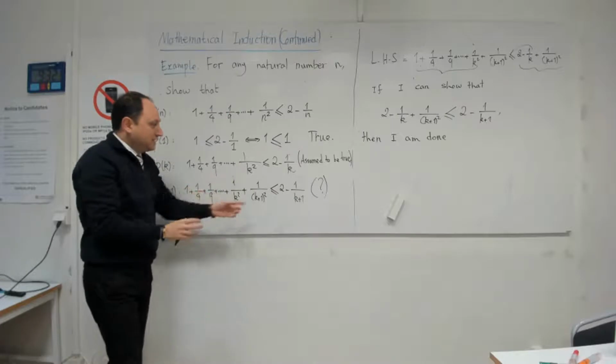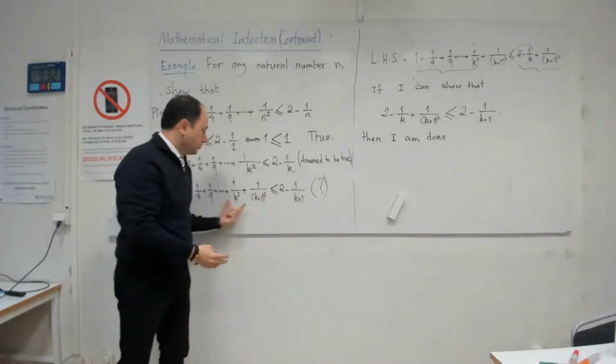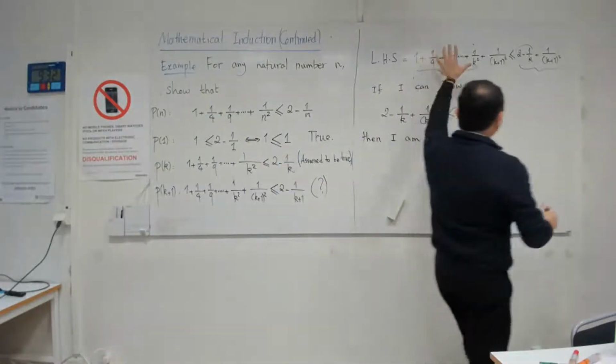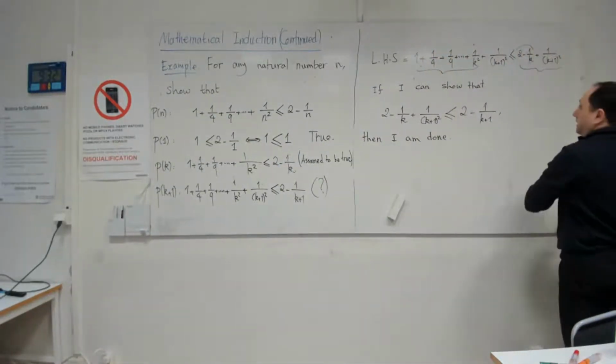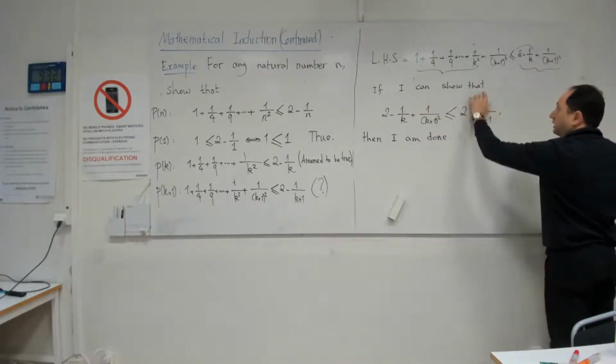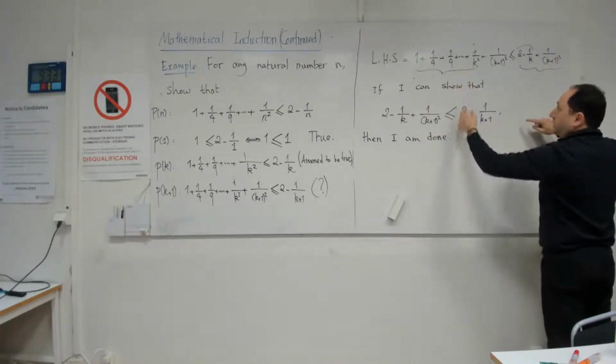But unfortunately, this is not what I want to show. I want to show this one is smaller than this one. What I am saying is that I know that this one is smaller than this one. If this one itself is smaller than this one, what can I conclude?